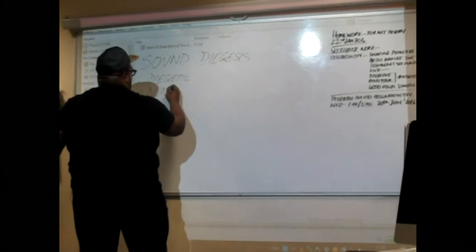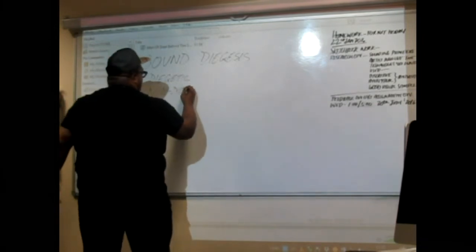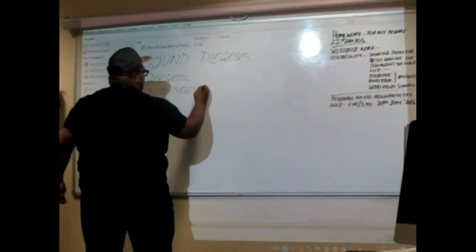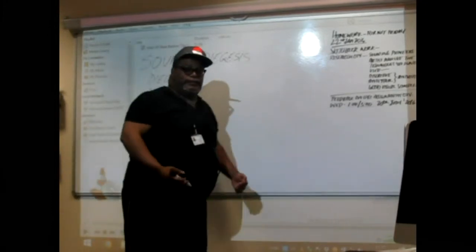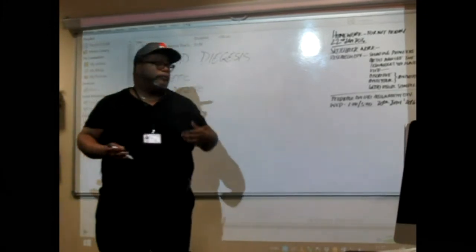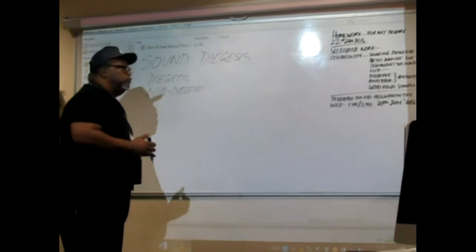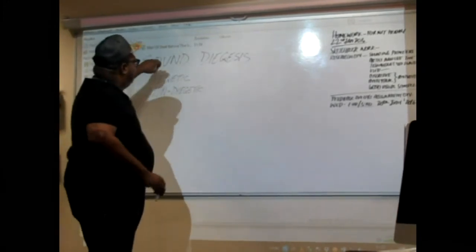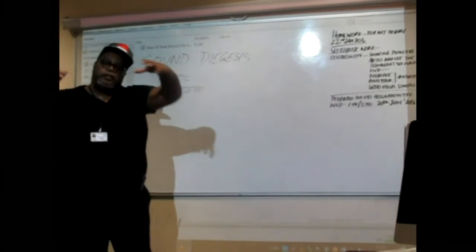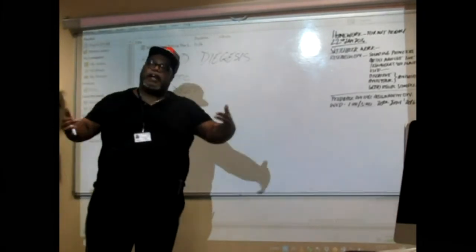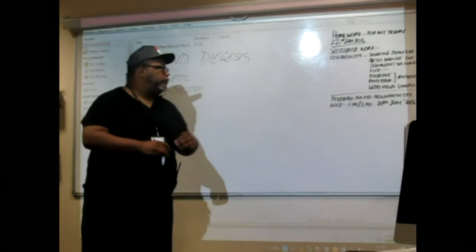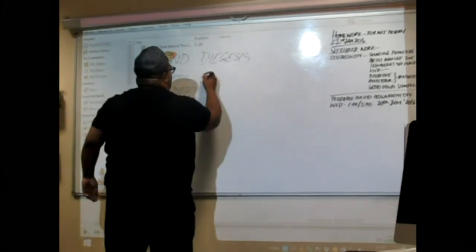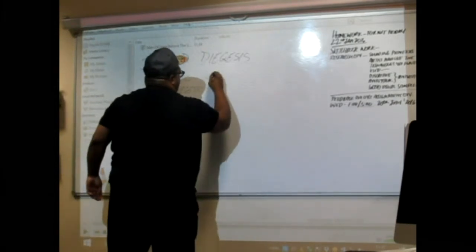The reason I am explaining this is because for those who want to go forth and edit, remember this is also a video that we're going to put out for people. You're going to need to know this. Diegetic is the sound that is recorded live on set. The background noise that is on set, sound that is already there.